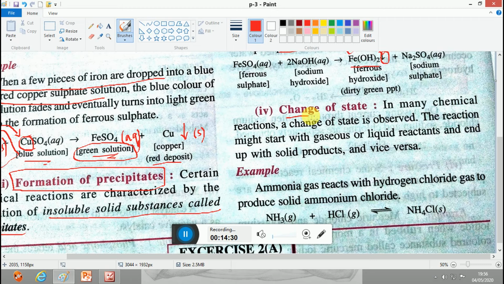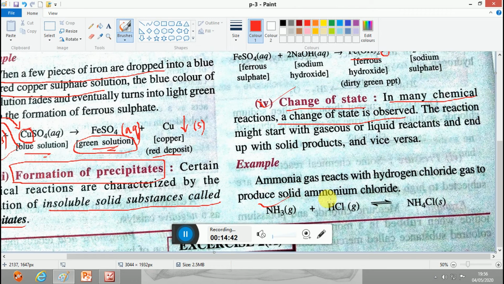The last characteristic is the change of state. In many chemical reactions, a change of state is observed. For example, when ammonia reacts with HCl, these are in the gaseous state. G stands for gas. They will produce ammonium chloride, a solid substance.